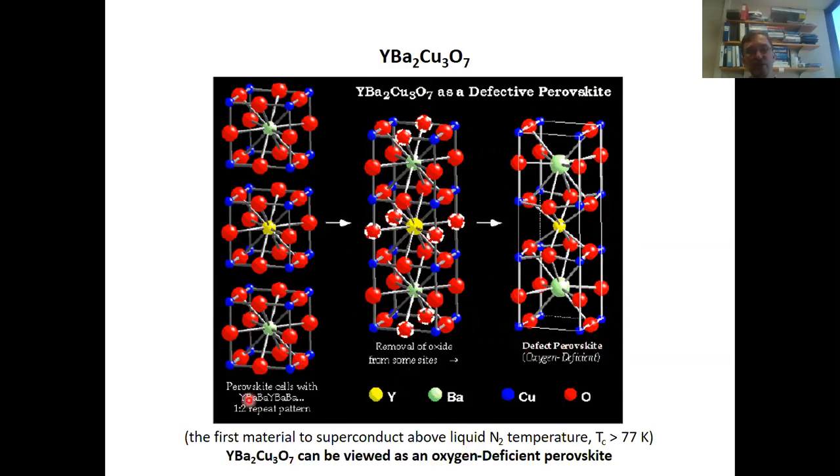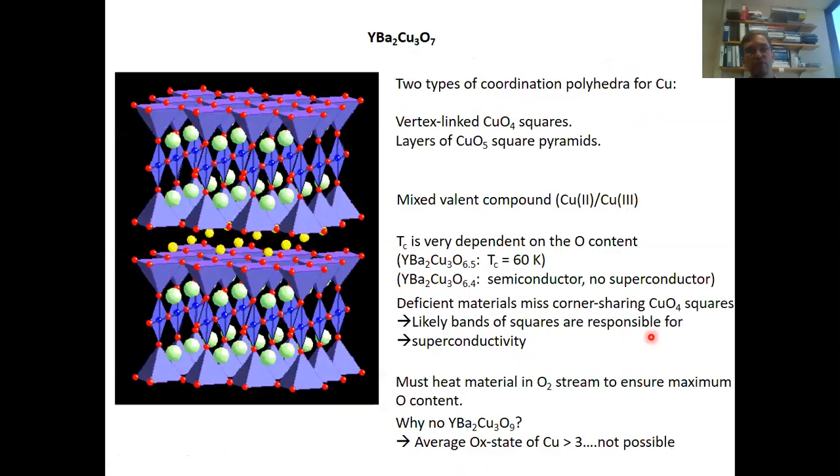Therefore, this compound, yttrium, barium-2, Cu3O7, can be viewed as an oxygen-deficient perovskite. The ideal perovskite would have the composition of yttrium, barium-2, Cu3O9, but some oxygens are removed. Therefore, we have only 7 oxygens per formula unit.